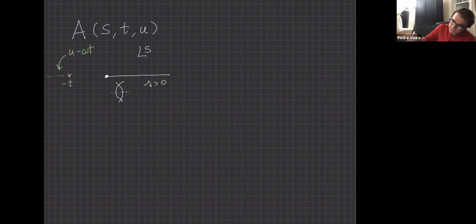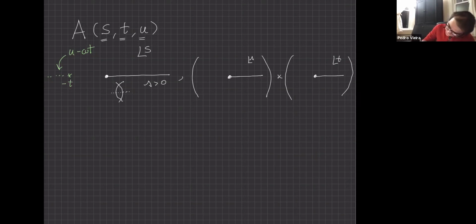Now, what we can do is the following. Let's think of our amplitude not as a function of s at fixed t, but as a function of really s, t, and u as if they were independent. Namely, this function takes value in the following thing. It has the unit disk without the cut for s, times the unit disk without its own cut for t, times the unit disk without its cut for u.